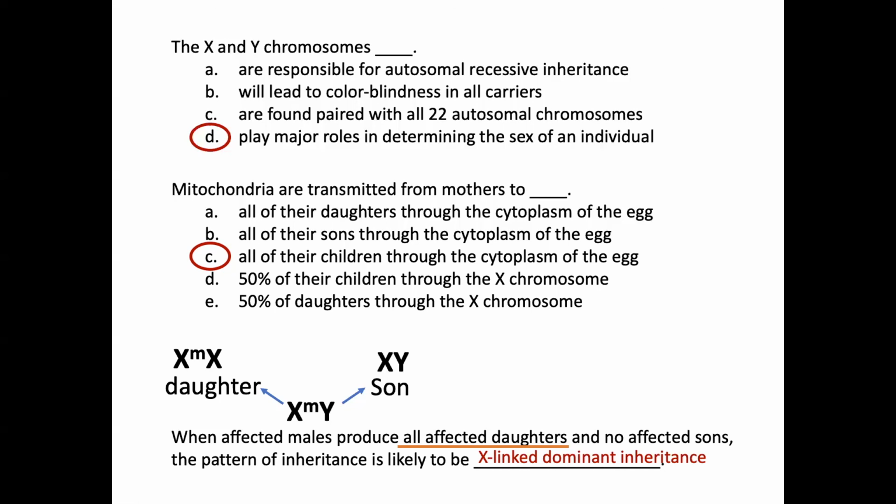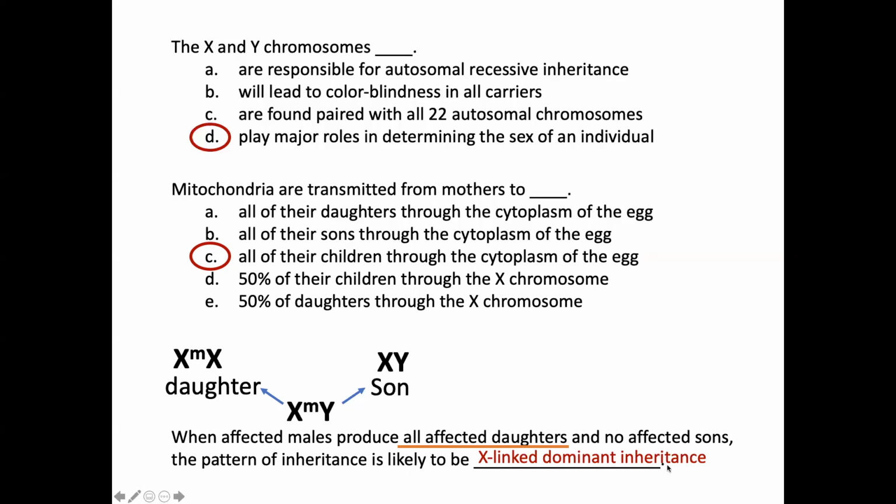But then some people will probably argue that the daughter could be XM and XM, right? It's all affected. But then if that's the case, the answer would be X-linked recessive inheritance. Would this happen?